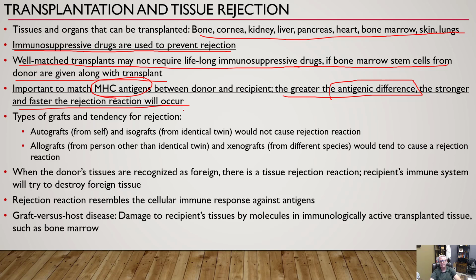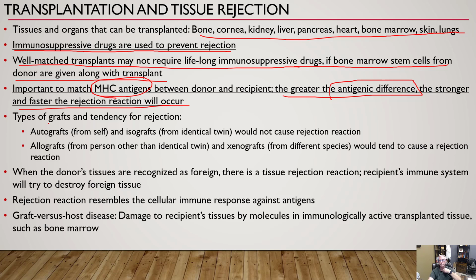When we do transplants or grafts, if you have an open heart surgery due to a coronary artery bypass graft, they're going to take a vessel from your leg, most likely, and use that as your new coronary artery or whatever vessel you're getting replaced in your heart.